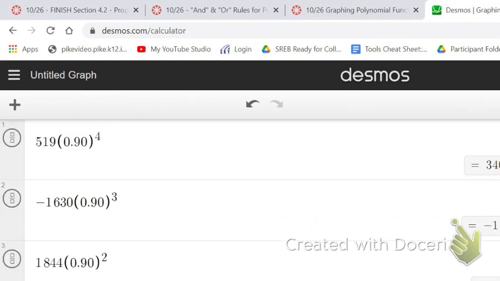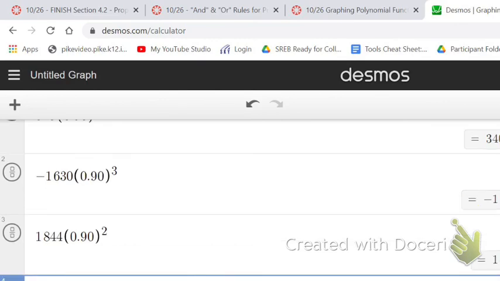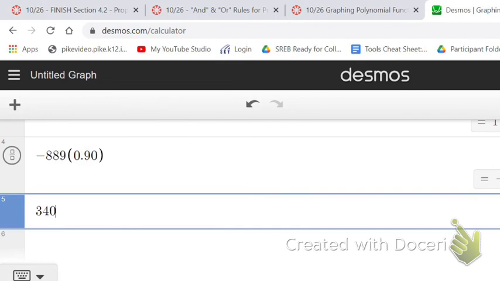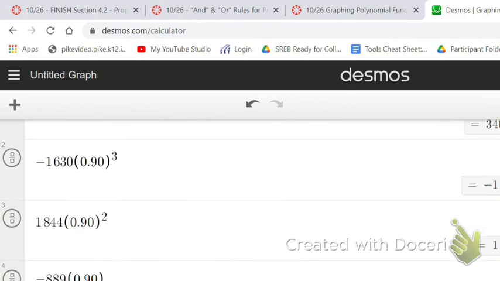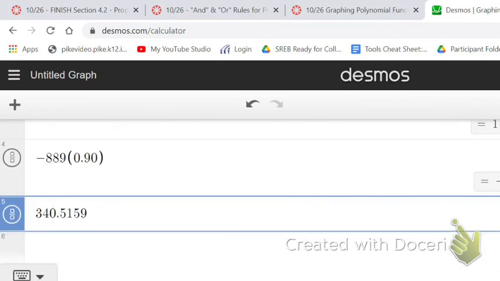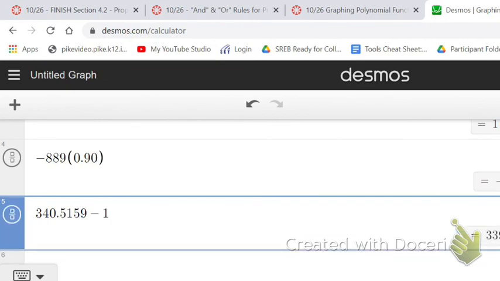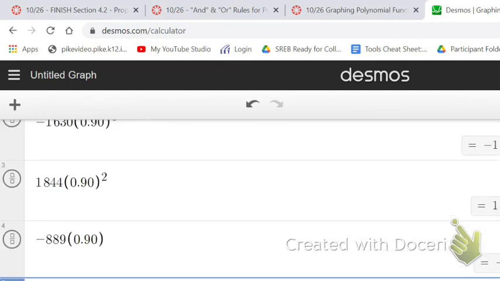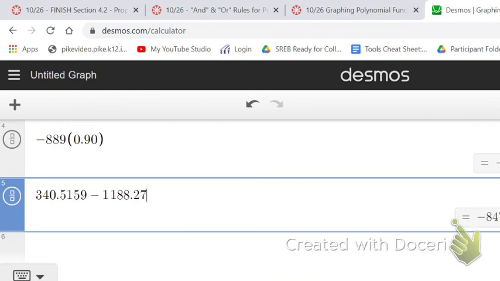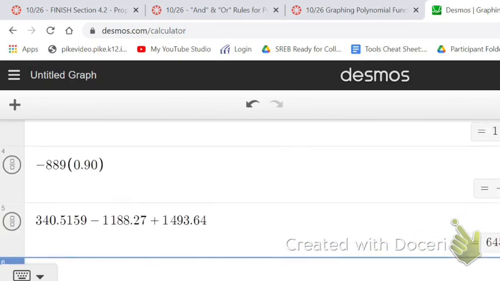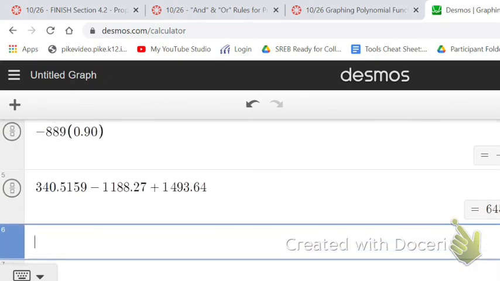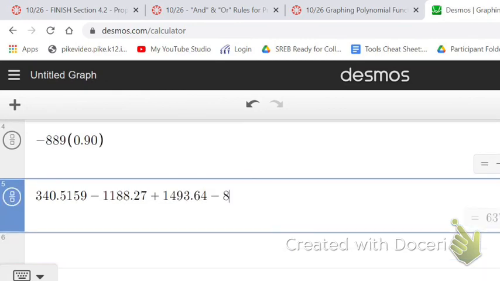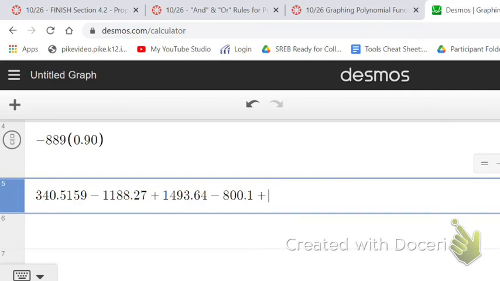Let me do it on mine the same time that you check yours. 340.5159, minus 1188.27, plus 1493.64, minus 800.1, plus 155.